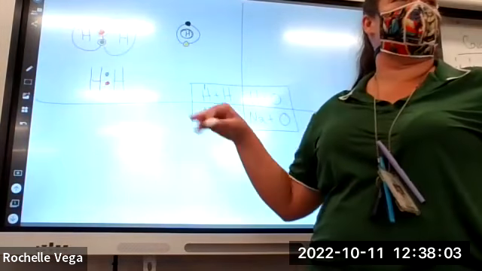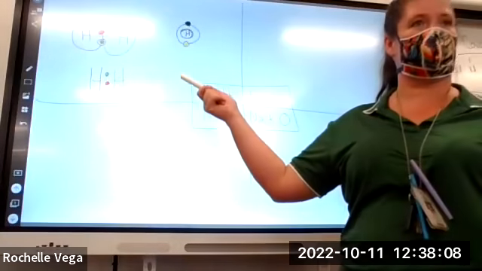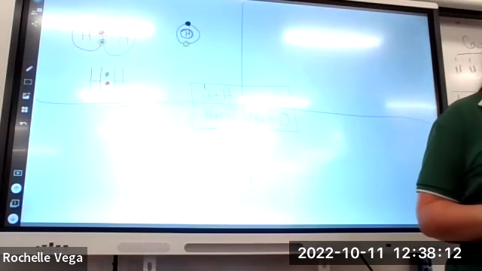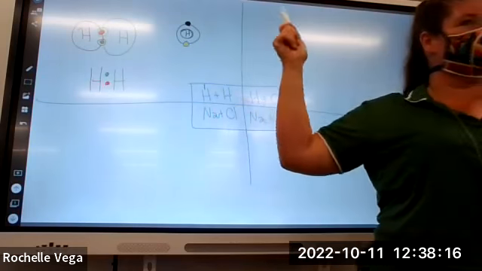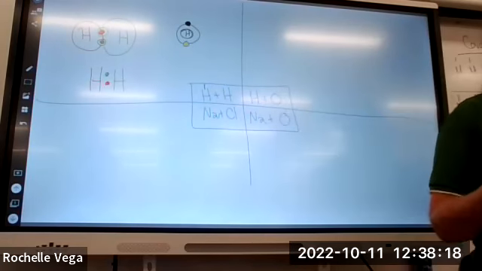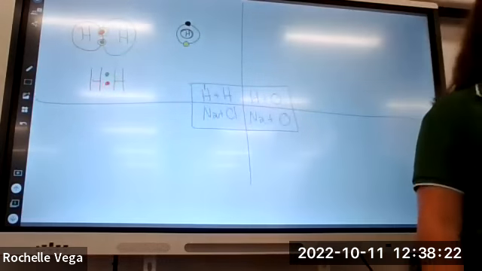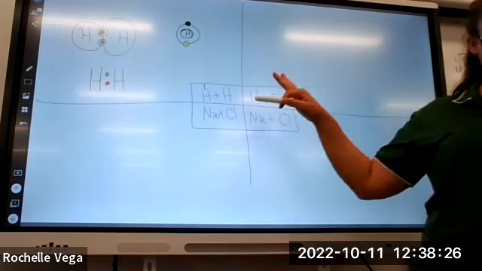This is actually how we type it. If you had to type out a paper and you're talking about bonding, this is one of the reasons why we usually draw the electrons right above, below, and to the left and right, is I can use just a regular word processor and make the dots in the right spot. Are we good with this idea of hydrogen with hydrogen?